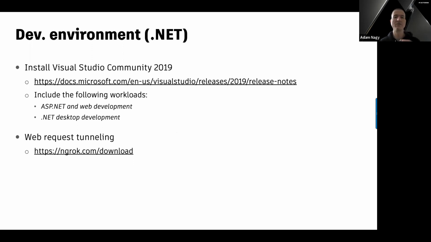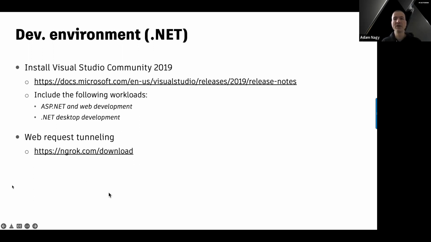So it's better to stick with 2019 to avoid any confusion. But the same thing stays. I'm going to provide this link inside the chat as well. When you're installing Visual Studio, just make sure you are adding ASP.NET and web development and .NET desktop development as the components.